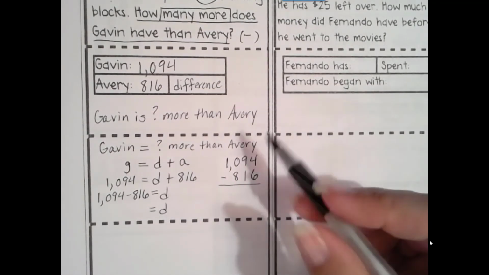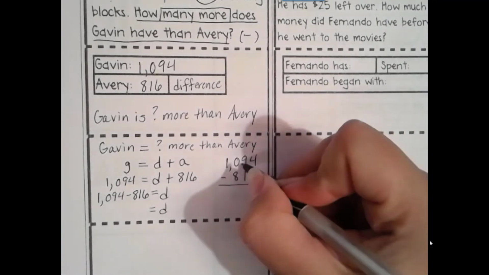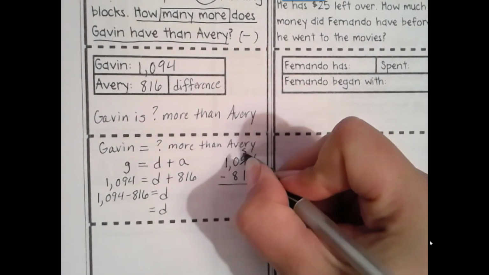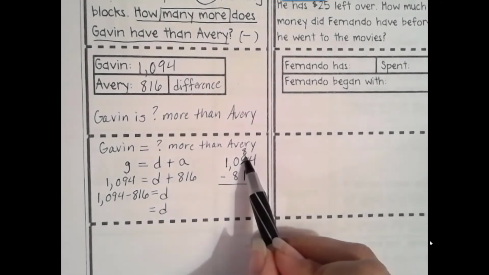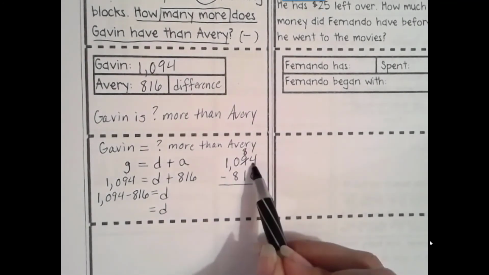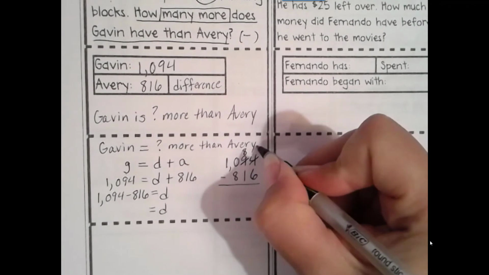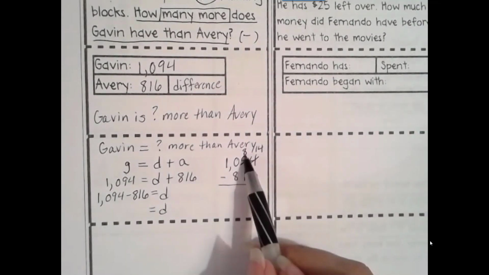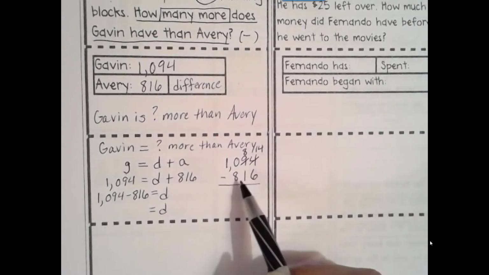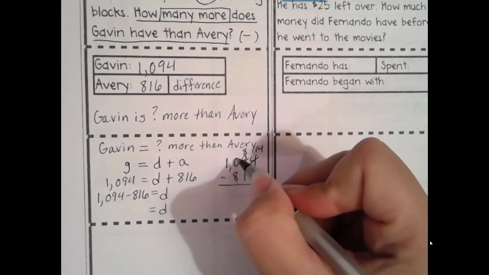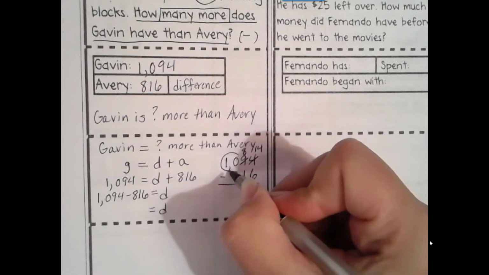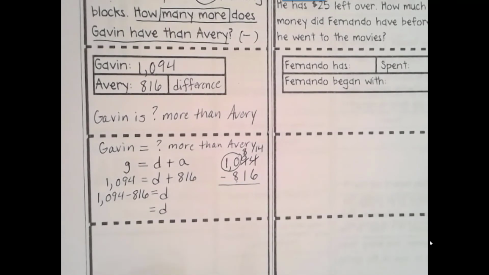We need to check for regrouping. More on the floor, go next door, regroup 10 more. So I take one group of 10 away from here, add 10 to 4, I get 14. More on top, no need to stop. More on the floor, go next door, regroup 10 more. But this is just 10, take away 8.